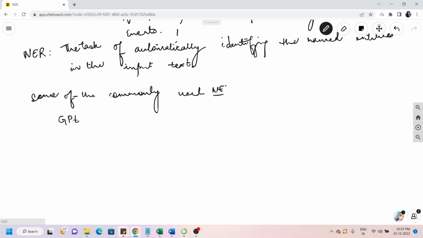GPE is one such representation, which represents geopolitical entity. For example, India, Korea, UK. These are all GPEs or geopolitical entities.